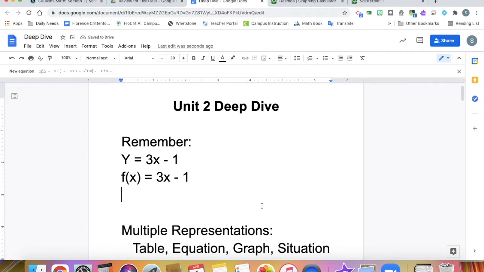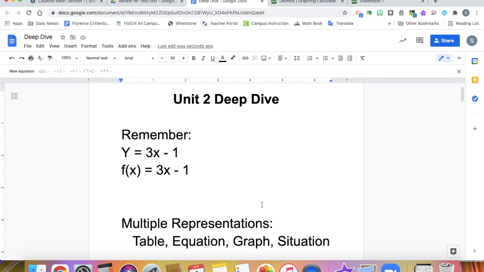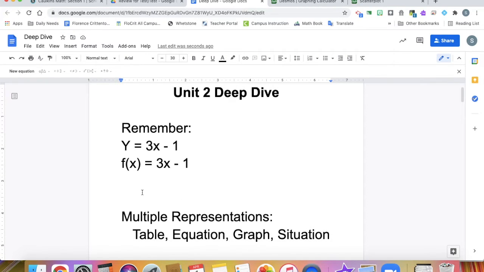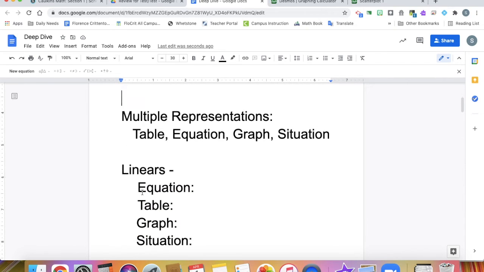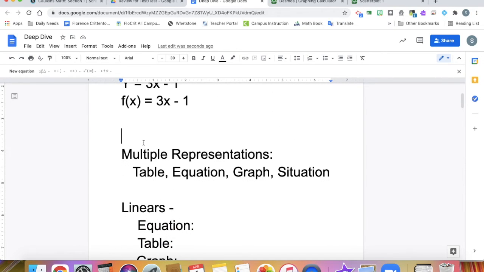So, to talk about ways that we can take the math that we learned in this unit and make it harder. First of all, linear equations are only one type of equation in math. You've learned this first unit's about linears, but there are tons and tons and tons.